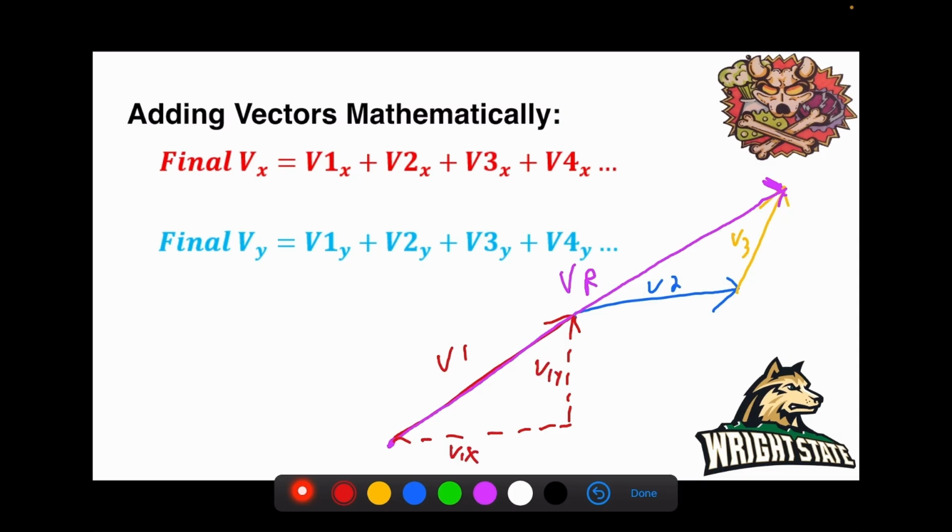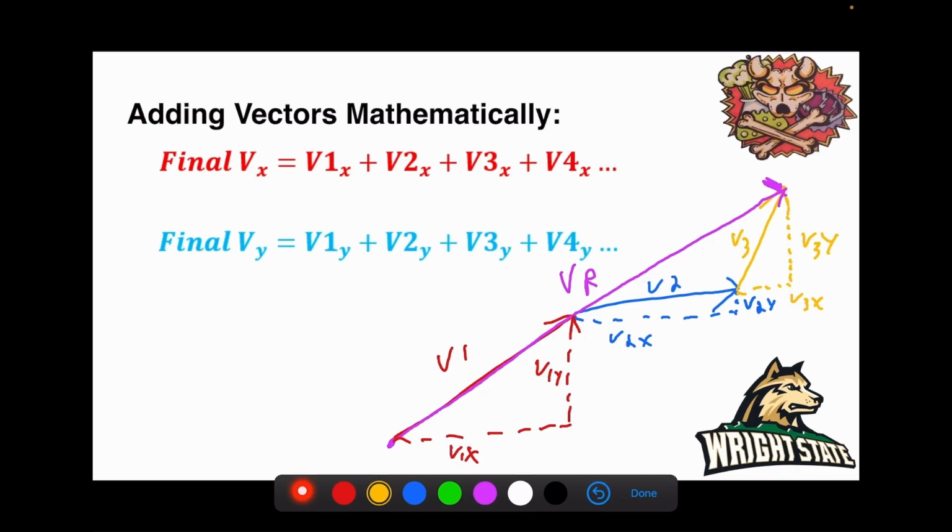I could describe this blue vector here as having this x component, V2x, and this y component, V2y. And I could describe this yellow vector as having this x component, V3x, and this y component, V3y.